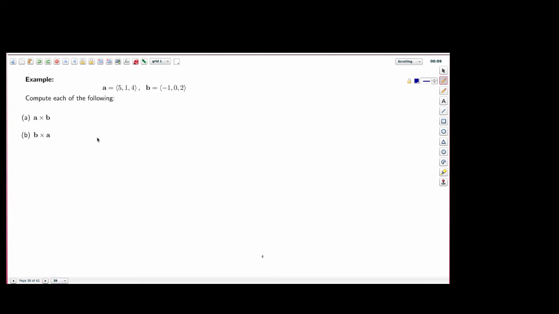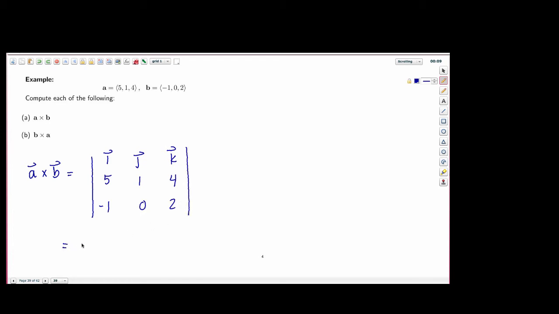Okay, so let's do a couple of examples. Let's do A cross B. I'm going to set up my matrix, so I get I, J, K, and then A, which is 5, 1, 4, and then B, which is negative 1, 0, 2.